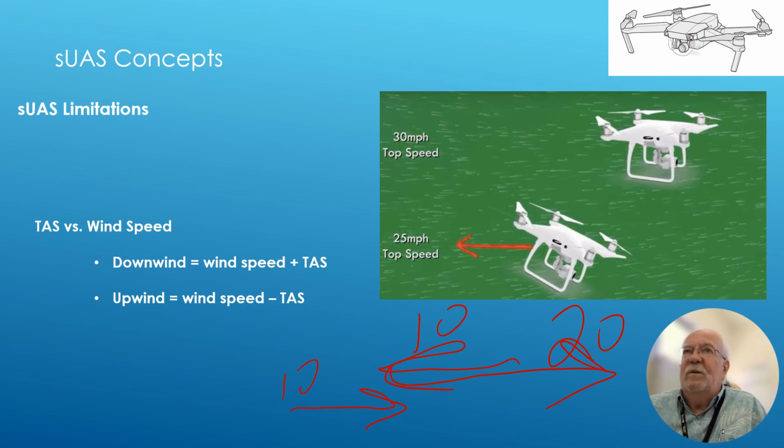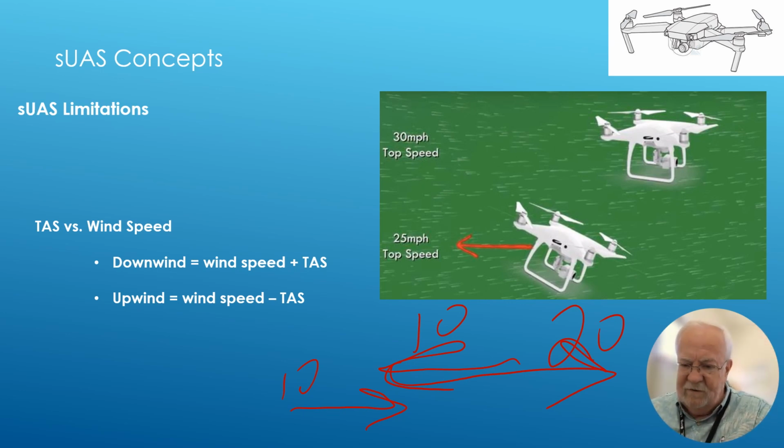We go a good ways away, still within line of sight, of course. We fly for 25 minutes. Battery low signal comes on. It's time to come back. Well, now we're fighting the wind. We might possibly get ourselves in a situation where you could not retrieve the aircraft. There'd be too much wind, and you wouldn't have enough energy left with your battery to return home. So we want to keep that in the back of our mind, basically.